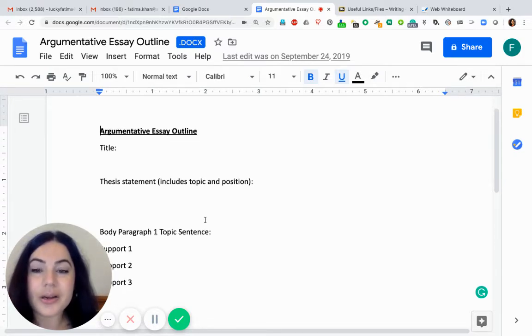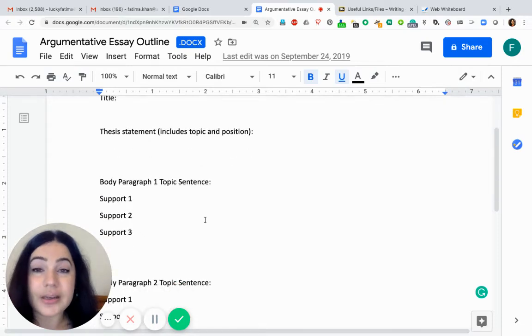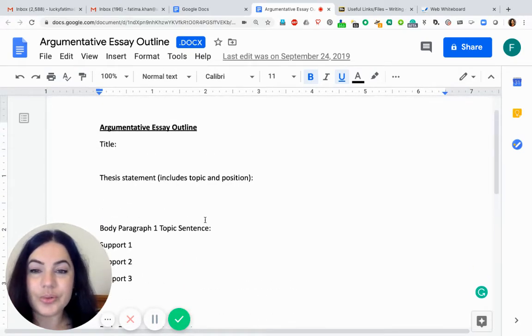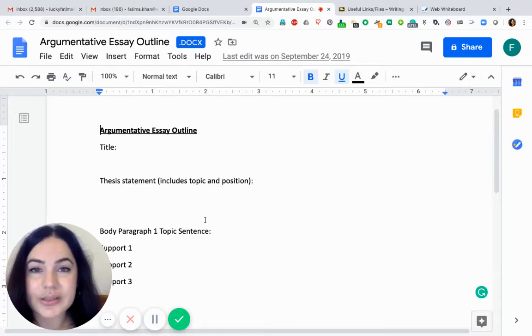In body paragraph 1 and body paragraph 2, you're seeing reasons that support the author's opinion. So if the prompt is, should smoking be banned in public places?